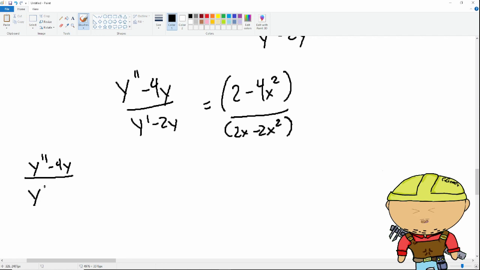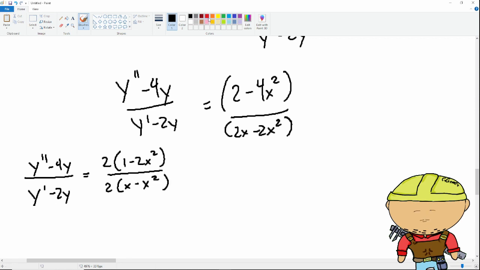On the right side of the equation there is a common multiple, 2, in 1 minus 2x squared over 2x minus x squared.